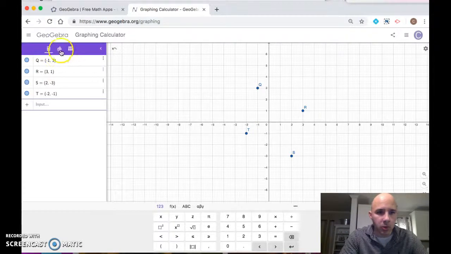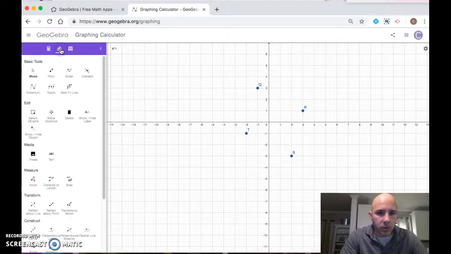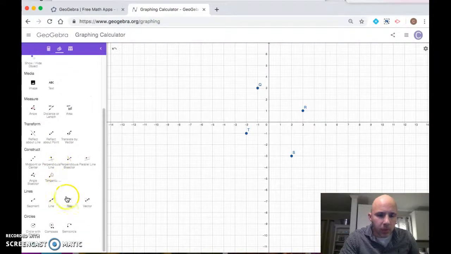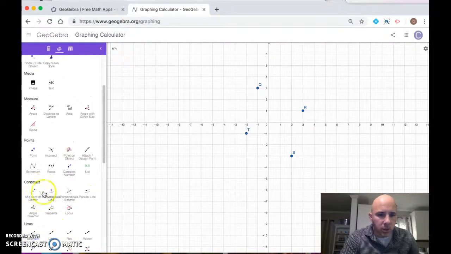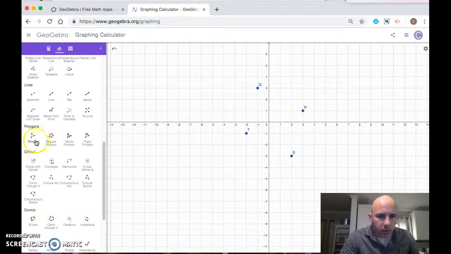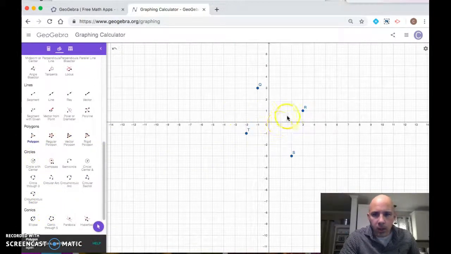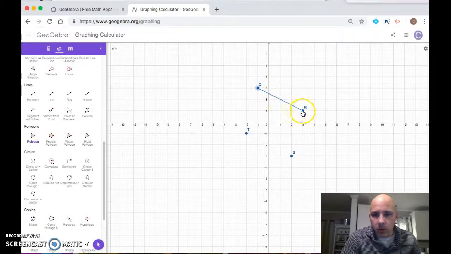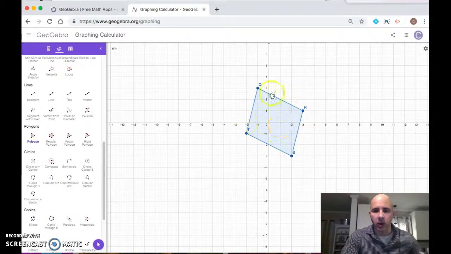I'm going to go into my tools, to polygon. Show more here. Polygon. I'm going to start at my Q and make my way around. Q, there's my R, S, T, and Q.